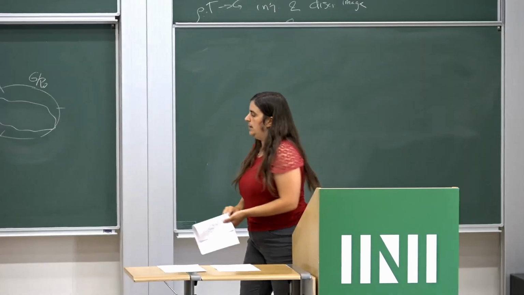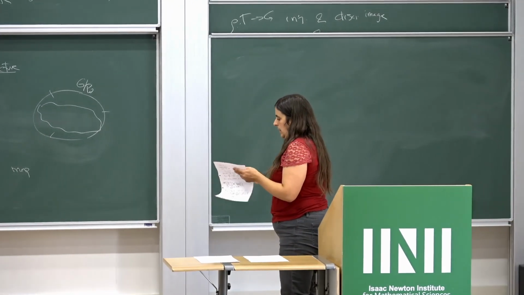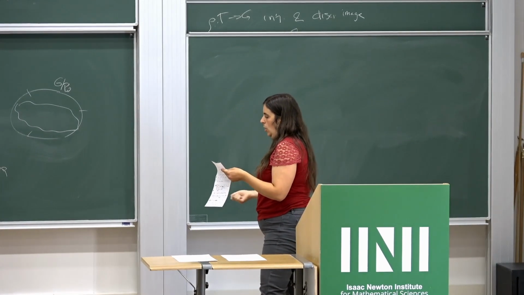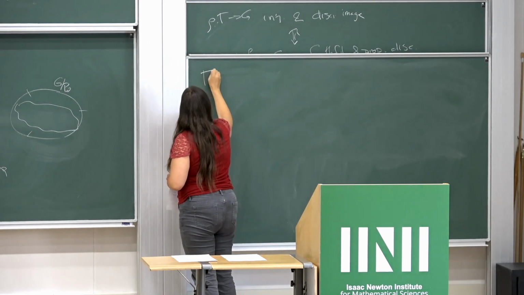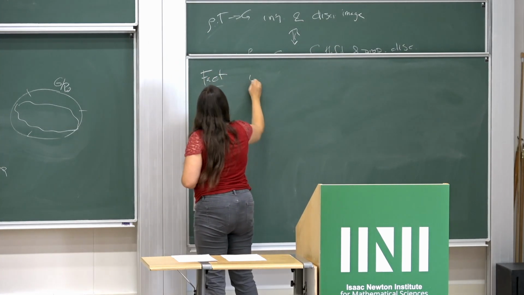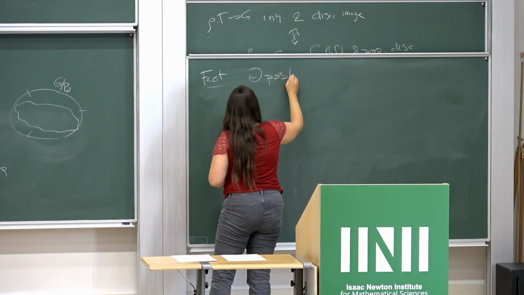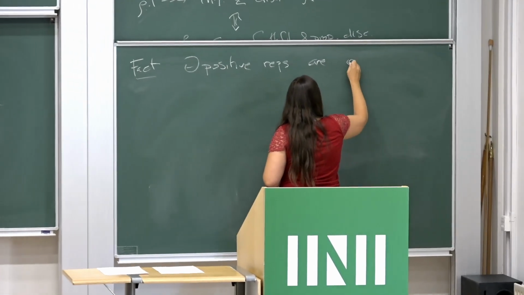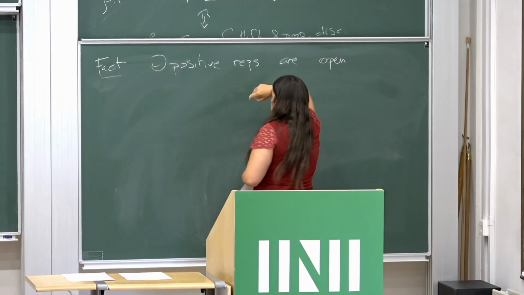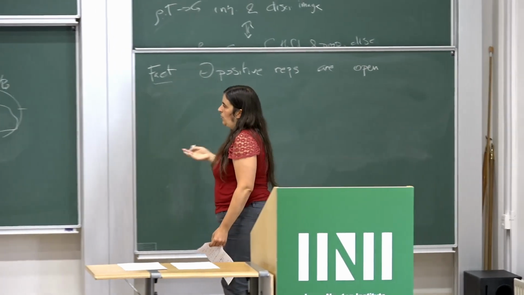There are two parts, like the theorem is that the theta positive representations are open and closed. The fact that they are open is older. The openness relies on dynamics.